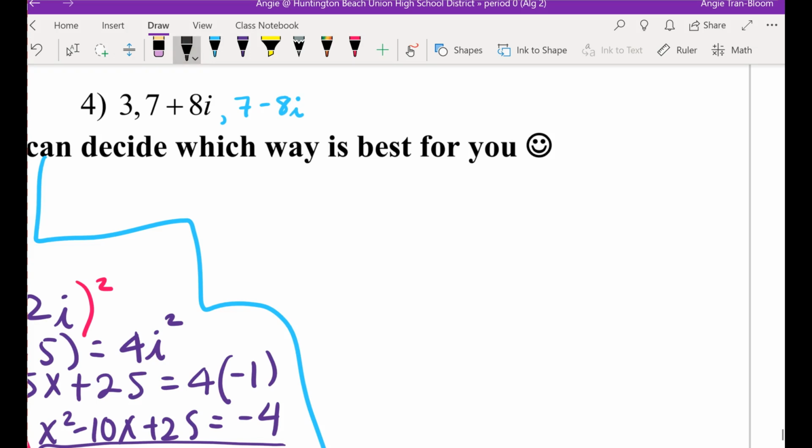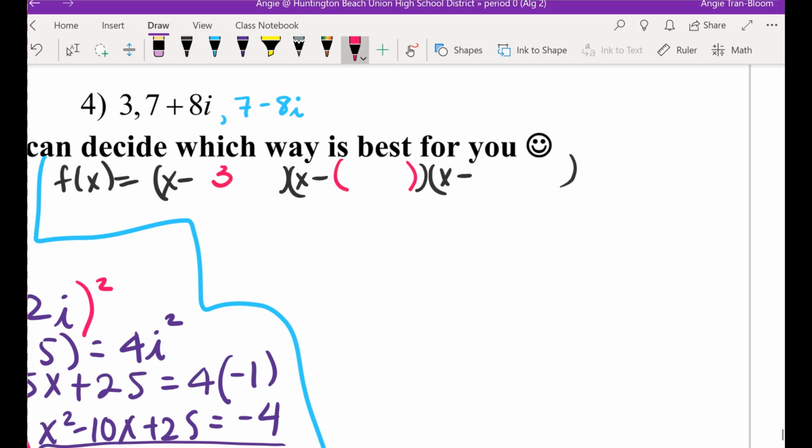So how many? 1, 2, and 3. What should we write inside immediately? X minus, x minus, x minus. All right, your first root is a 3. The other two, make sure you put in quantity. So 7 plus 8i and 7 minus 8i. Then slowly distribute this out.